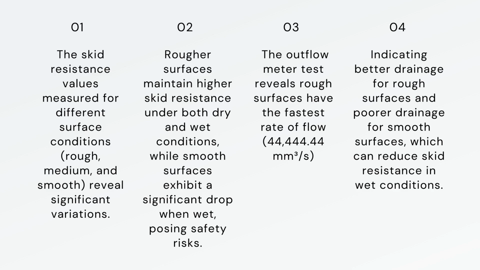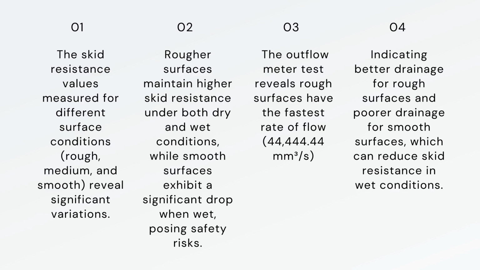Rougher surfaces maintain higher skid resistance under both conditions, while smooth surfaces exhibit a significant drop when wet, posing safety risks. The sand patch test shows rough surfaces with an average texture depth of 0.192 centimeters, medium surfaces 0.167 centimeters, and smooth surfaces 0.064 centimeters, correlating with their skid resistance.